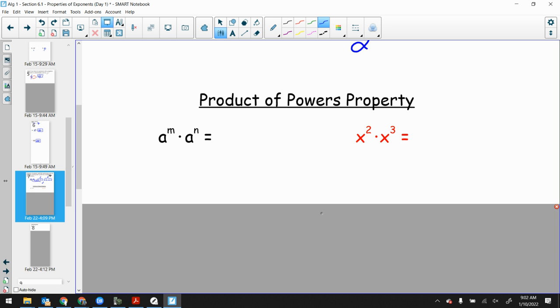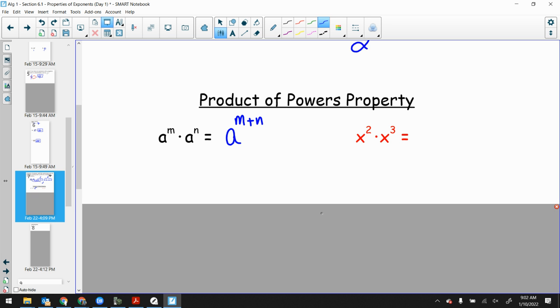So this is your property. Everybody write this down in your pages. A to the m times a to the n is a to the m plus n. To your point, whenever it's just a number, you do want to get it to just being the number. This is the top of the back. So what am I saying here?